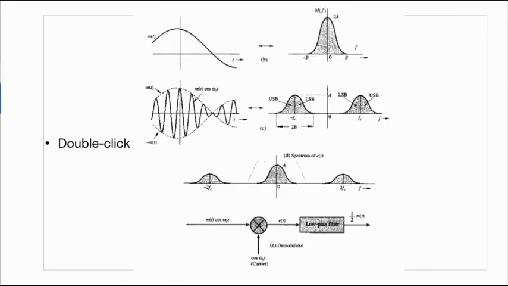representation. Now, if you see over here, if our message signal is like this, and when it is modulated, in the frequency domain it is almost like a Gaussian bell curve. When it is modulated on a high frequency signal, it has two sidebands.